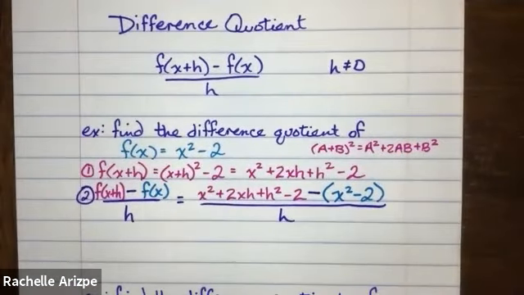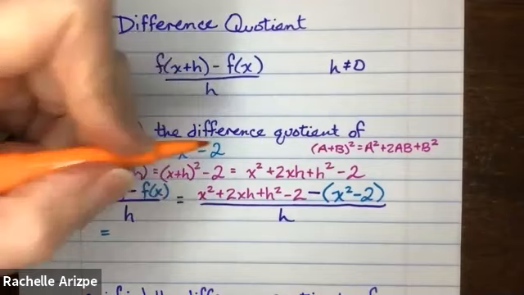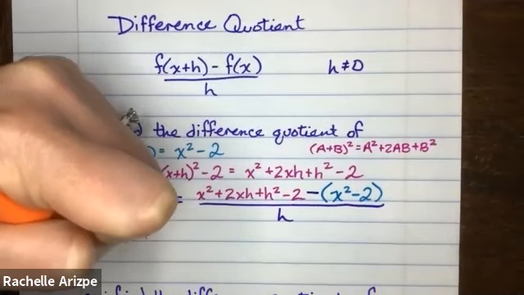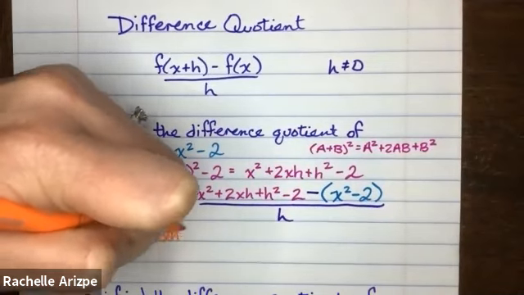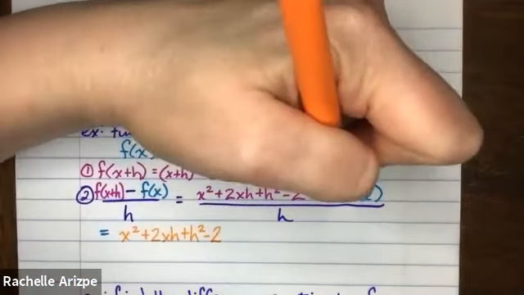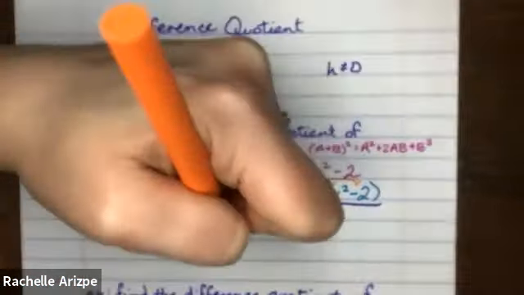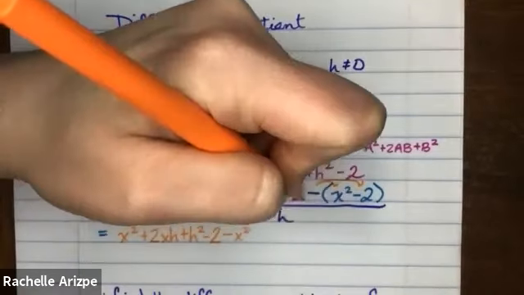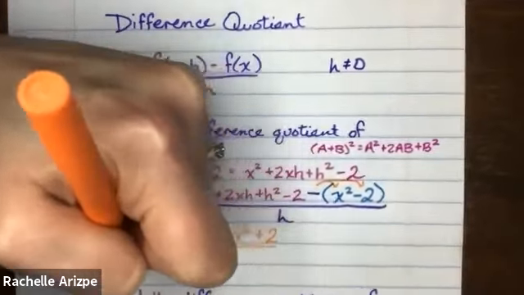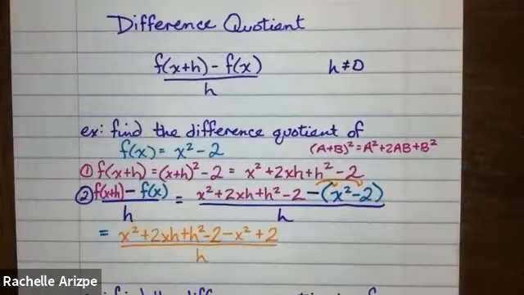When I distribute that negative, this becomes f of x plus h does not change, so x squared plus 2xh plus h squared minus 2. Distribute the negative, minus x squared. Negative times the negative gives me plus 2 all over h.